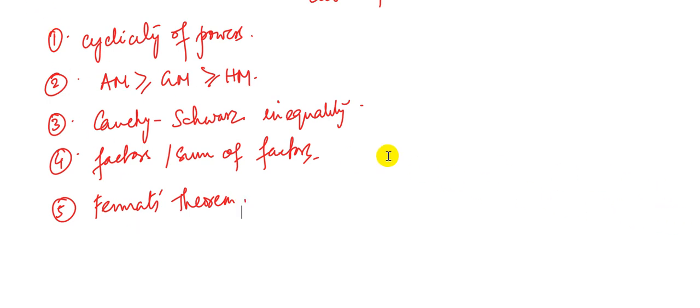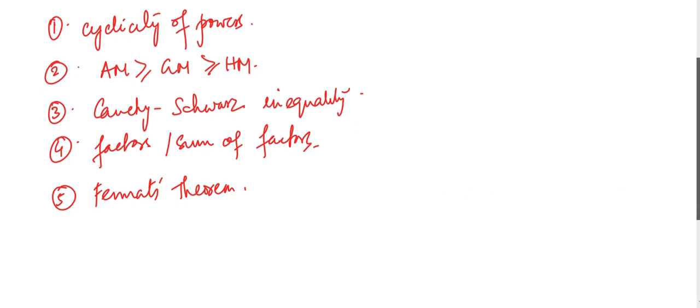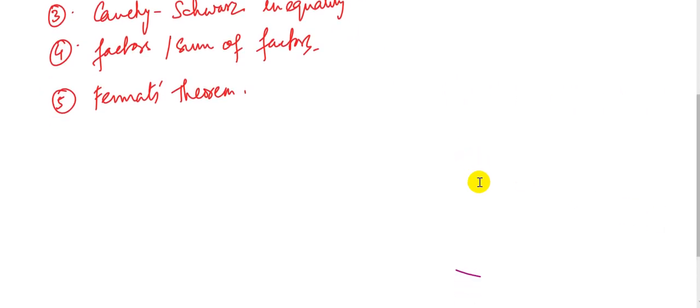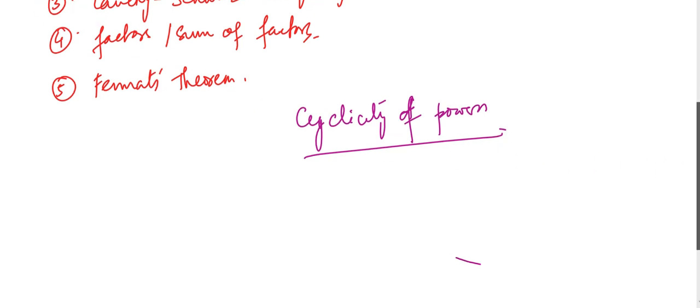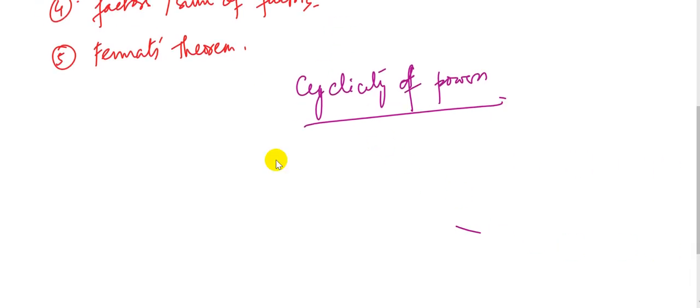Okay, so now let's take them one by one. We'll start with cyclicity of powers. Now cyclicity of powers is very simple. This means that when you multiply a number with itself, it follows a certain trend.